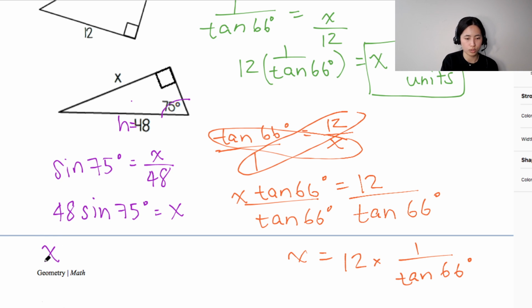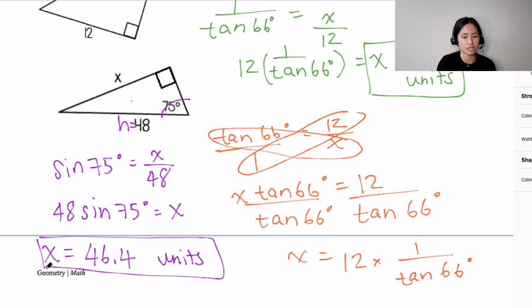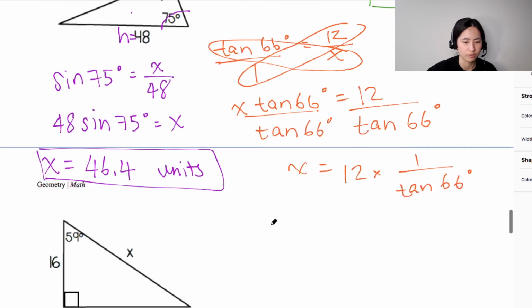So x is equal to 12 square root of 6 plus 12 square root of 2, but they want us to keep it in terms of decimal numbers, so we're going to say that this is 46.4. And this is units, because we don't know what the units are, so we're just going to keep it as units. It's just a side, so it's only units and not units squared, because it's not an area and it's not volume. So just units.